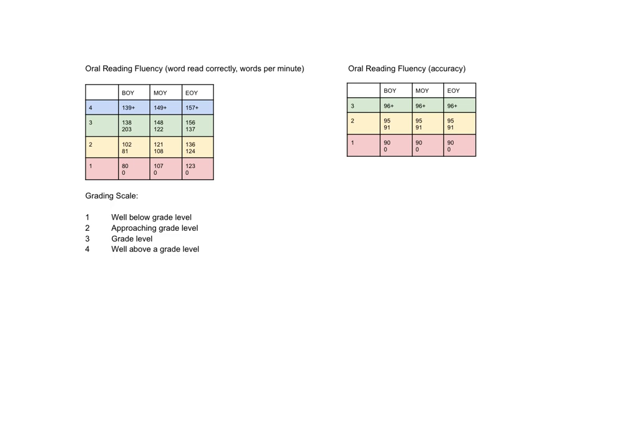So here we have BOY. That would be the beginning of the year. We've got MOY, and we've got EOY. So I'm going to just pretend that I gave this assessment in December. Okay, so if I gave it in December, that means I'm going to use the MOY calculations. Okay, so I calculated how many words read correctly in 1 minute that my student read.